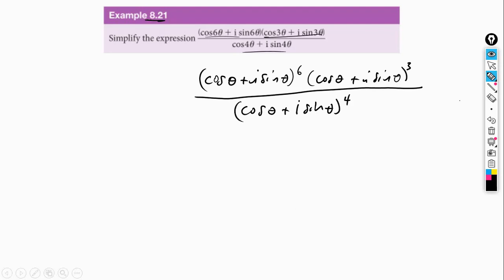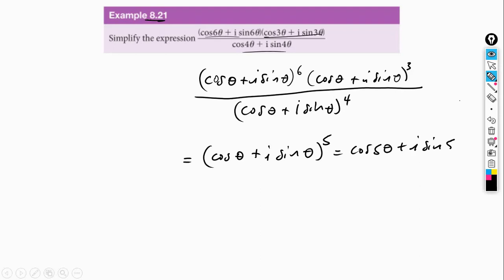Then this just becomes a problem of adding and subtracting exponents because we have the same base. So we end up with cosine of theta plus i sine of theta to the power of 5, which is the same as cosine of 5 theta plus i sine of 5 theta.